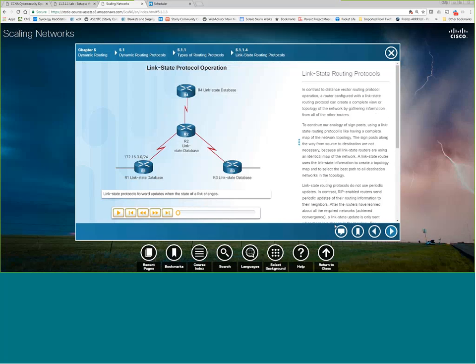Link state's different. Link state can actually flood the network with its information.